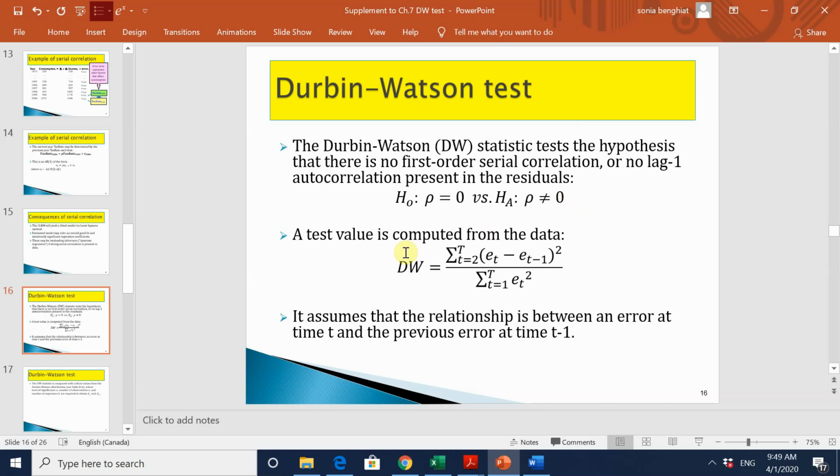And the statistic that we use to measure this claim in the null hypothesis is the Durbin-Watson statistic, which is this formula right here. As you can see, we are looking at our sample error terms and measuring the difference between two consecutive error terms, squaring that deviation, relative to the sample variance, if you want, of my residuals.